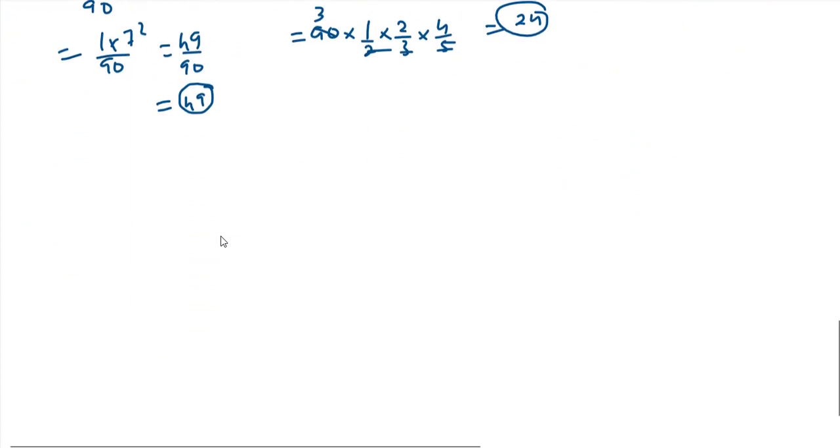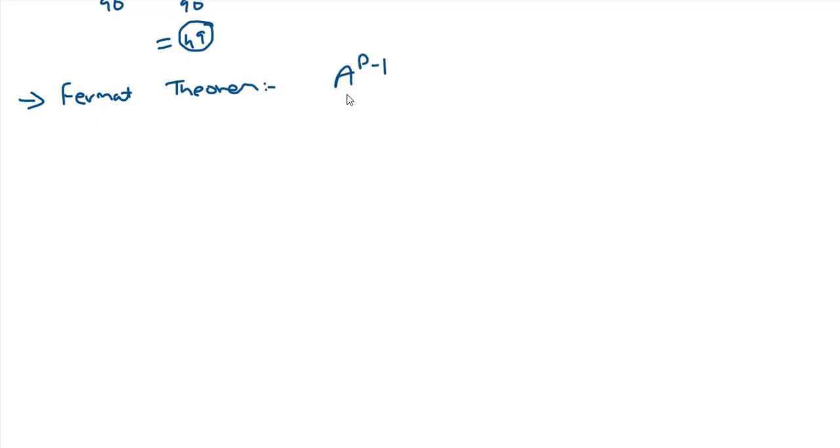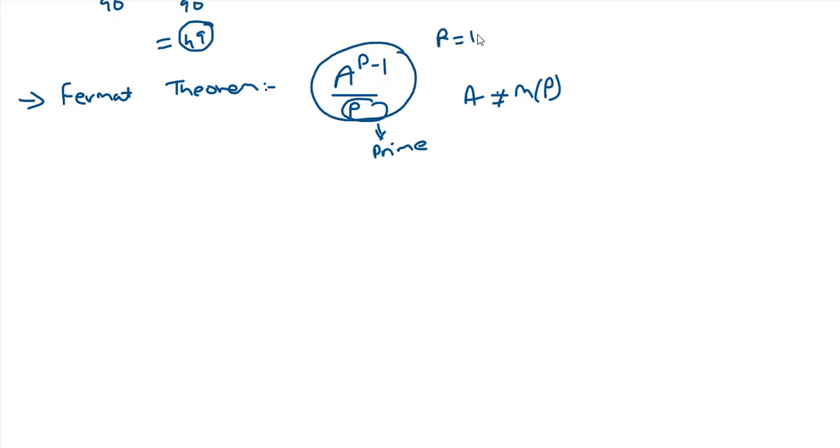Let us now understand two other important concepts, that is Fermat's theorem. As per Fermat's theorem, a number which is of the form of a raised to p minus 1 upon p, where p is a prime number and a is not a multiple of p, the remainder in that case will be equal to 1.